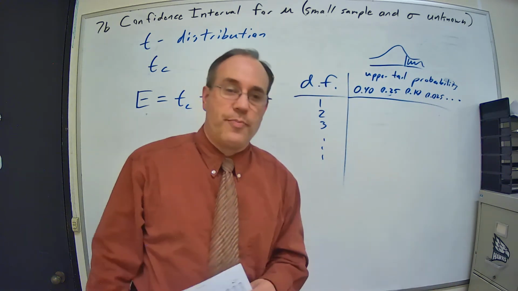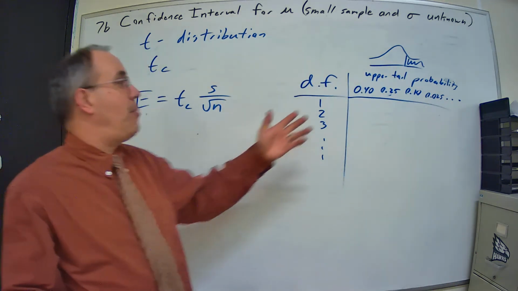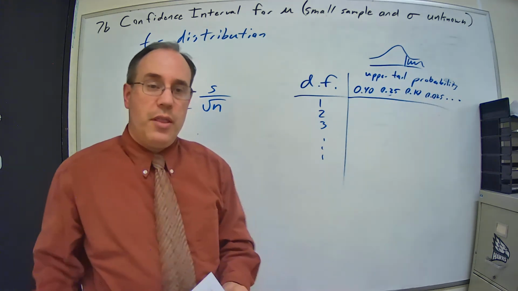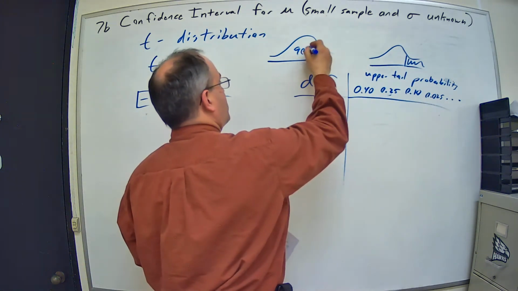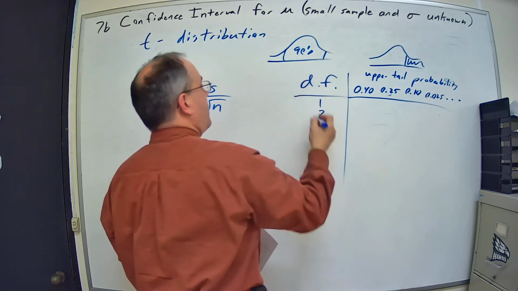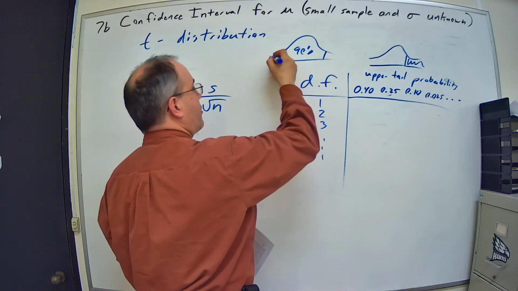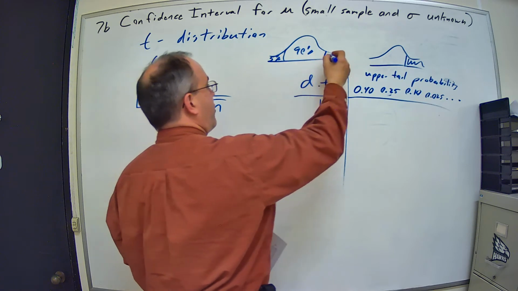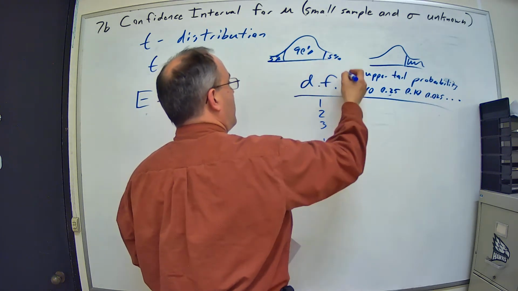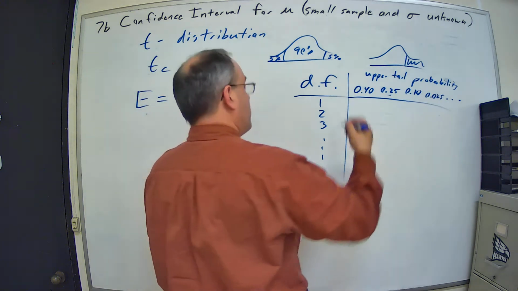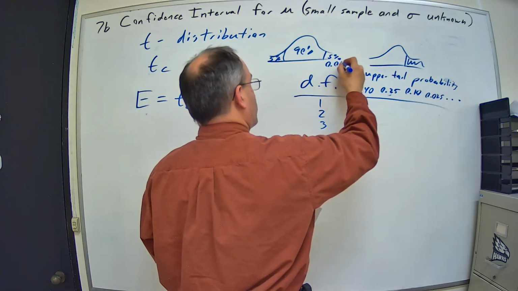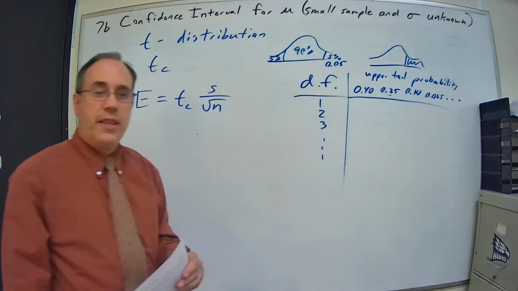So it has those. So upper tail probability, remember when we did the thing, we said, hey, if we've got a 90% confidence interval, then we have 10% left over in the tails. We've got 5% here and 5% here. And we said that 5% was 0.0500. So we'll say 0.05 in that upper tail.